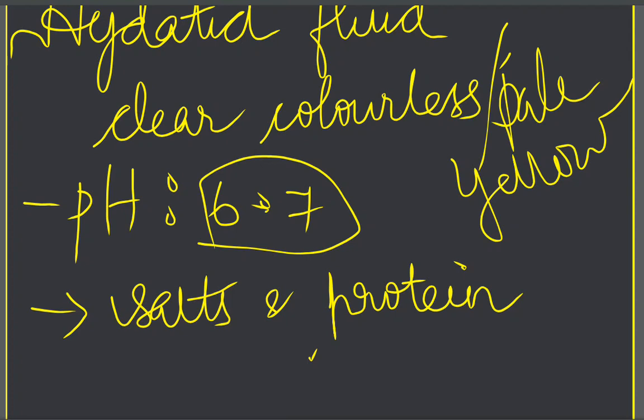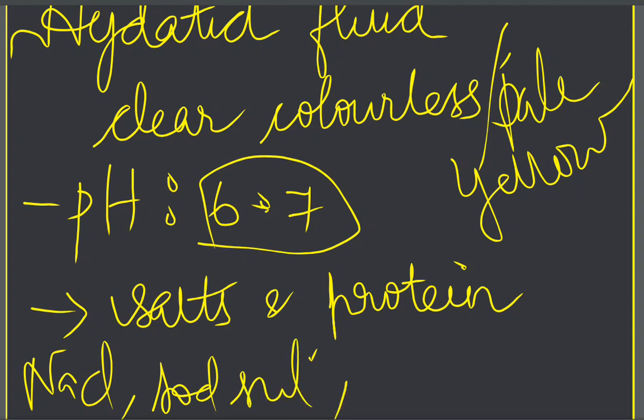What are the compositions of the hydatid fluid, friends? It contains salts. What are the salts that are present in the hydatid fluid? First is 0.5% sodium chloride. Next is sodium sulfate, sodium phosphate, and salts of succinic acid.